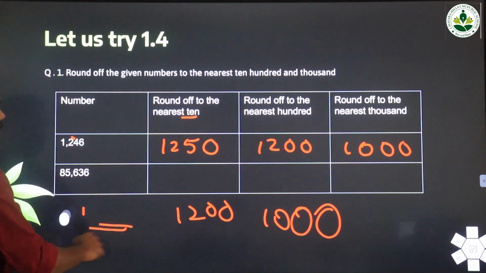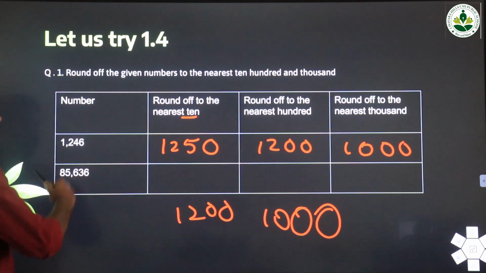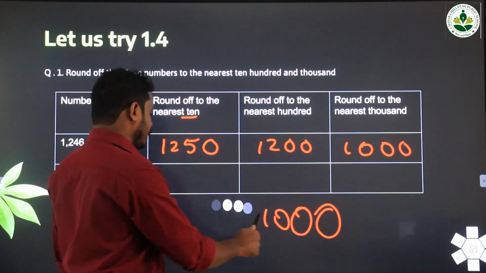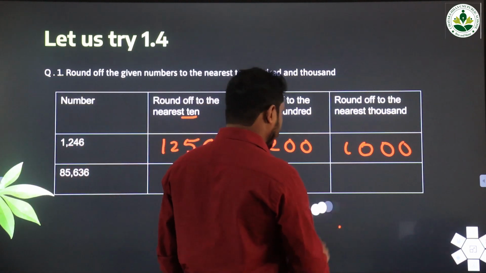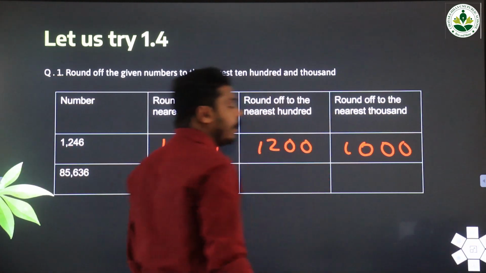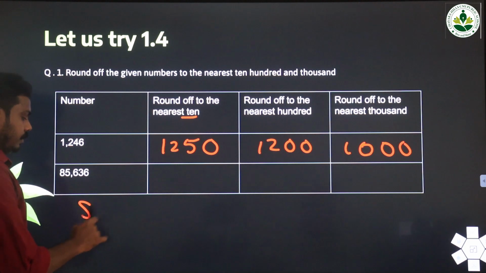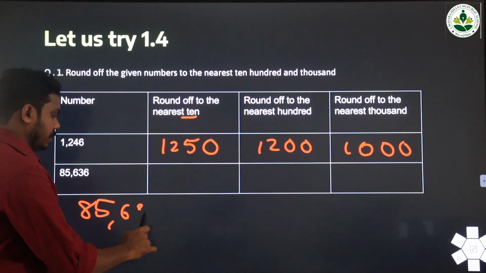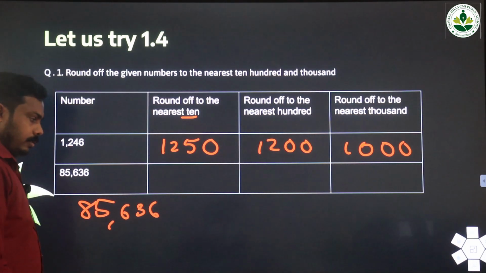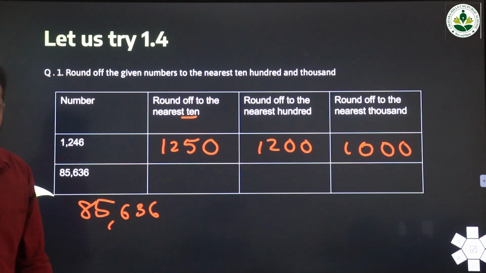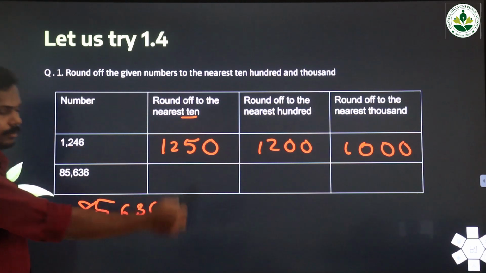Then the next number, that is 85,636. We need to round off 85,636 to the nearest 10. For rounding a number to the nearest 10, look at the digit in the ones place.